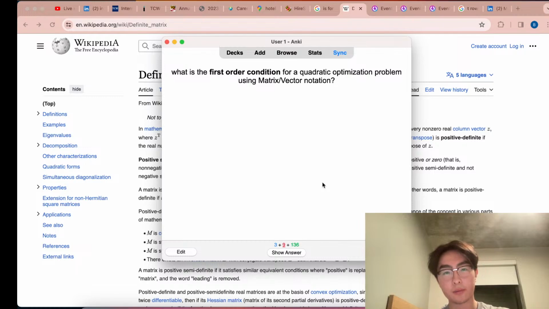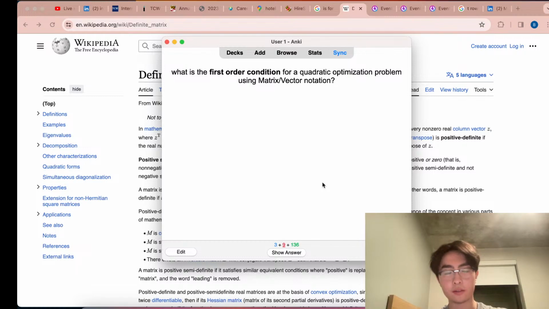For the quadratic optimization problem, I would think we're taking a vector of observations or estimations, subtracting the vector of real values, and squaring that to get the actual error.